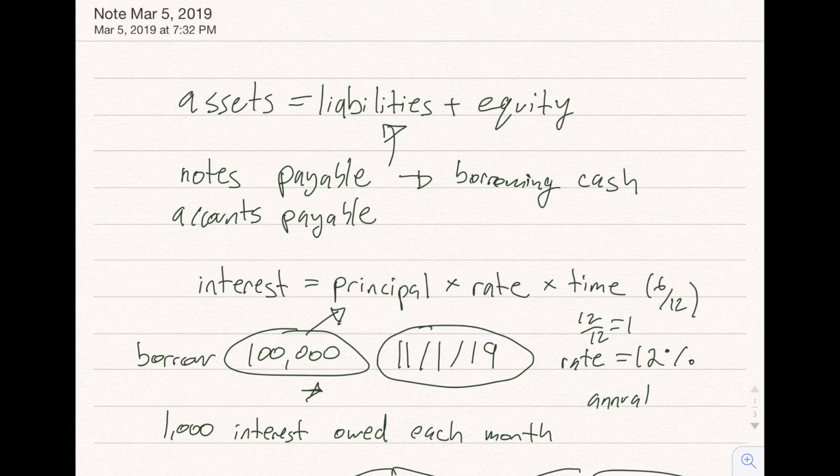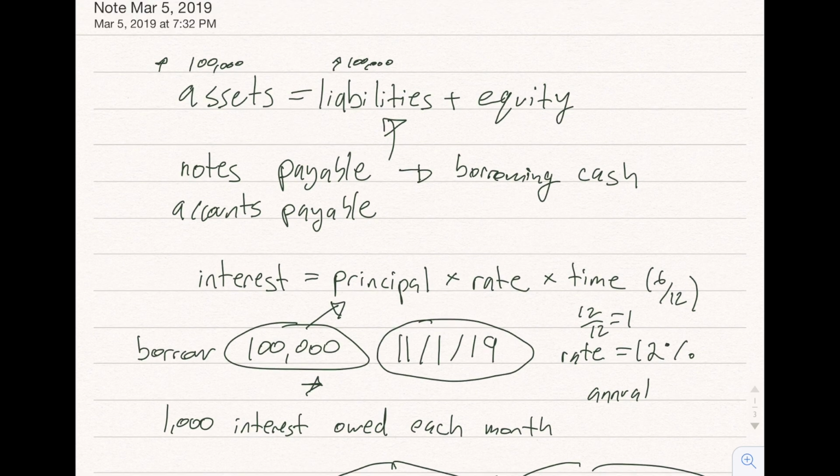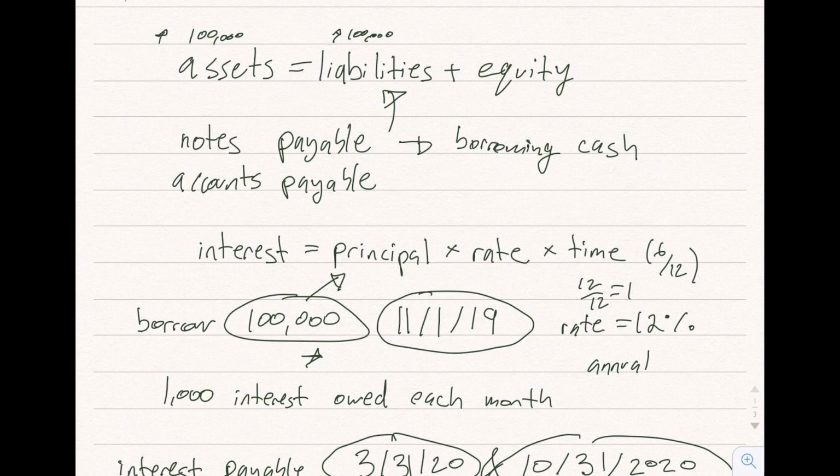So whether that was the first part of the transaction, which was you receiving the borrowed funds, you had cash increase of 100,000, and the note payable increase 100,000, or whether that's the interest expense and the resulting liability, or whether it's ultimately paying the principal or paying the interest, you should see that it balances out.